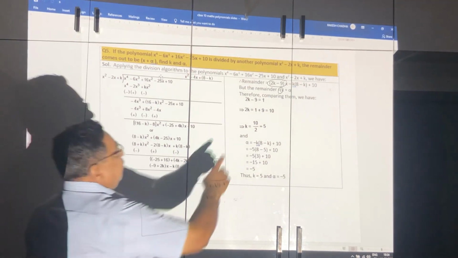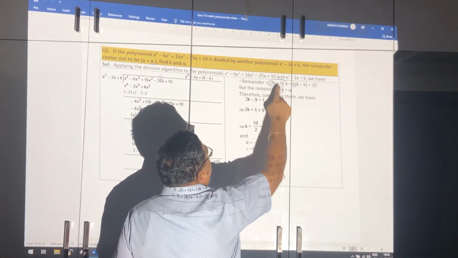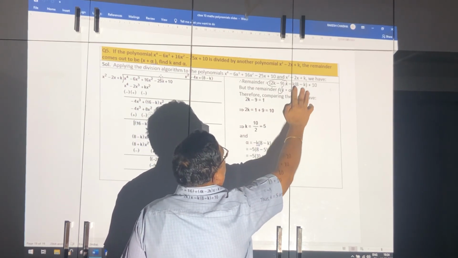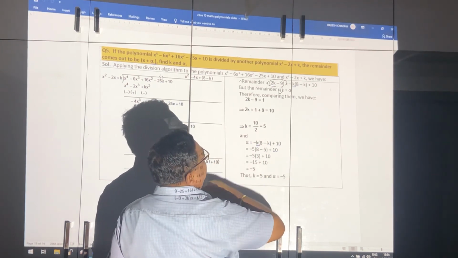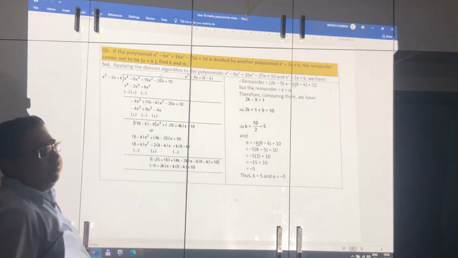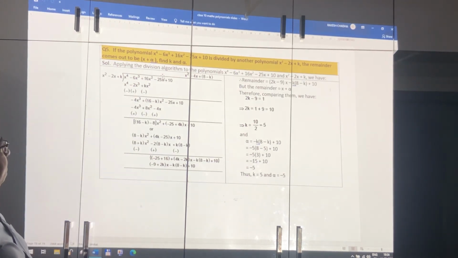So, this was the trick. Remember 1x, 2k minus 9x. So, 2k minus 9 should be equal to 1. Otherwise, this is supposed to be alpha. K into 8 minus k. Okay? So, as simple as that, my friends. Learn to break it up. Yeah?